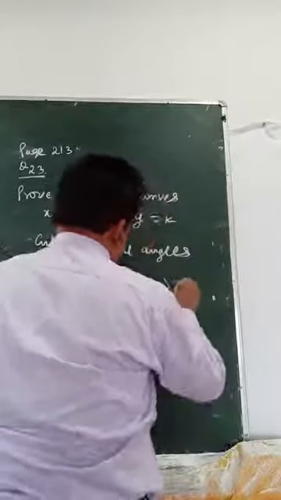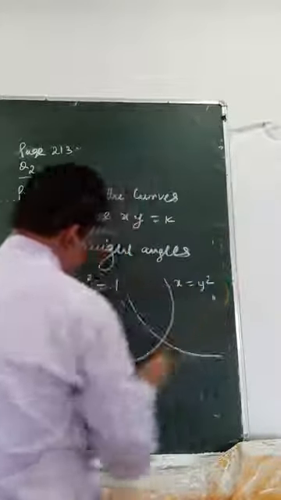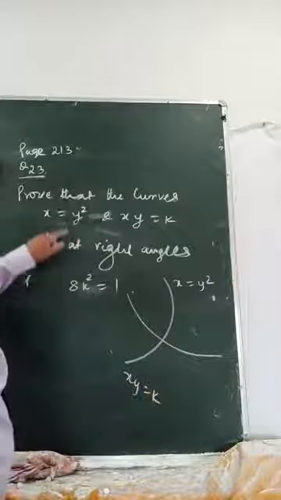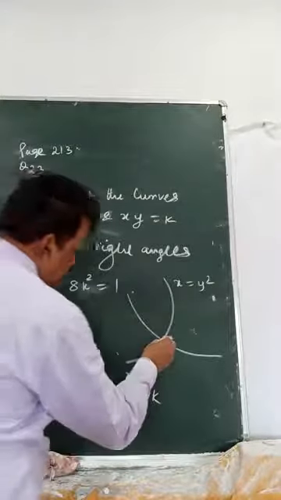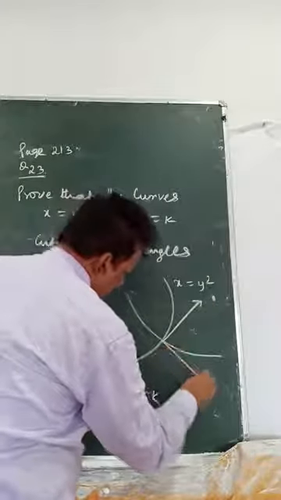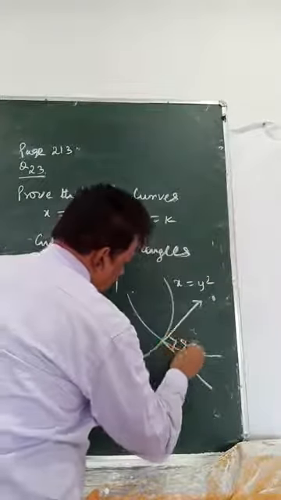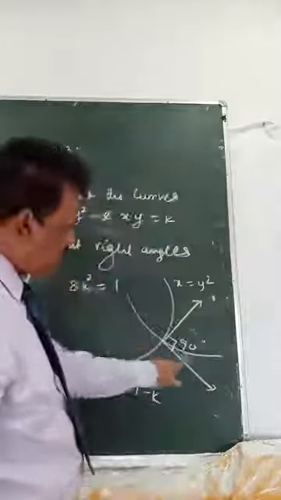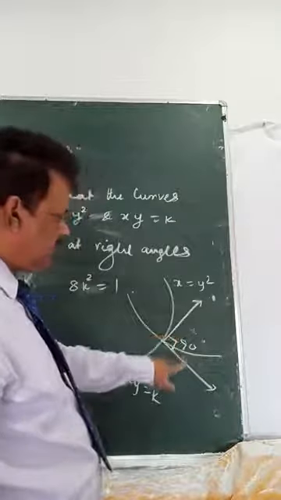Suppose this is x is y square, then xy equals to k. Their chords at right angle means their tangents to the chords should be at 90 degree.